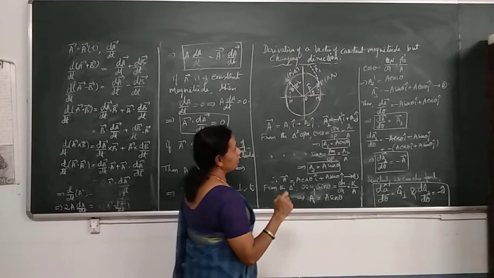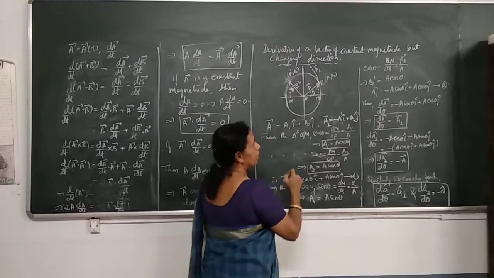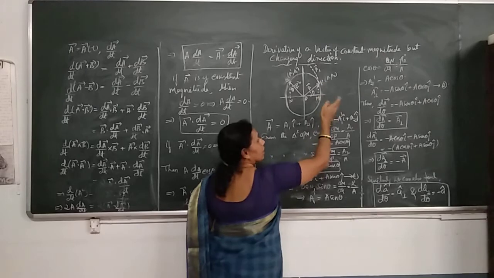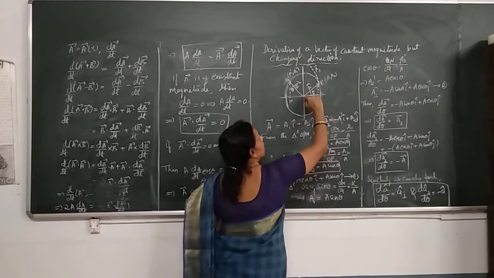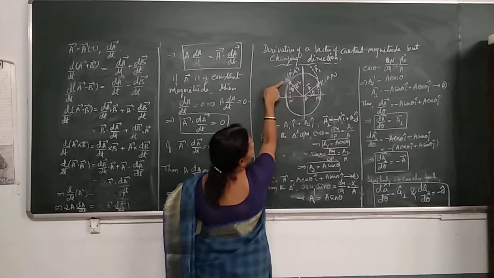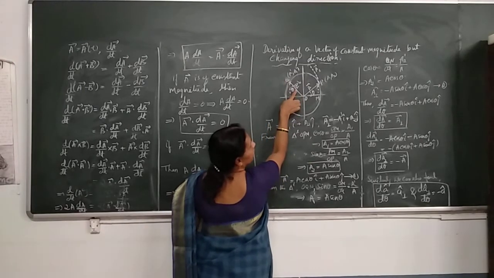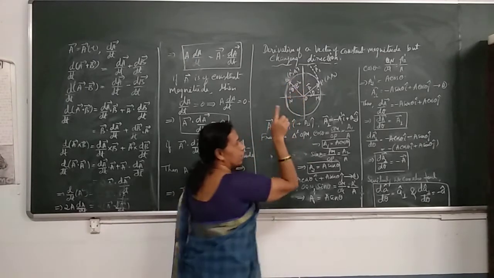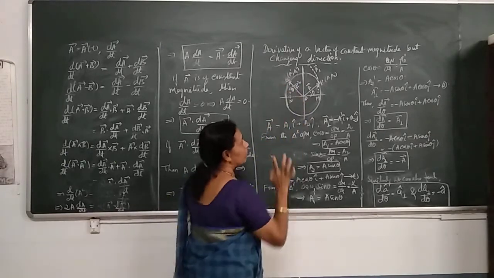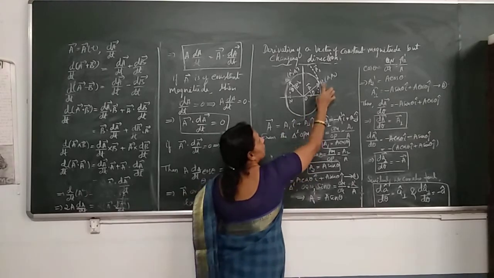Now, consider another vector perpendicular to this vector A. This is the perpendicular vector represented by OQ, written as A perpendicular, with the perpendicular mark and an arrowhead. So OQ is a vector perpendicular to OP, nothing but the vector A.